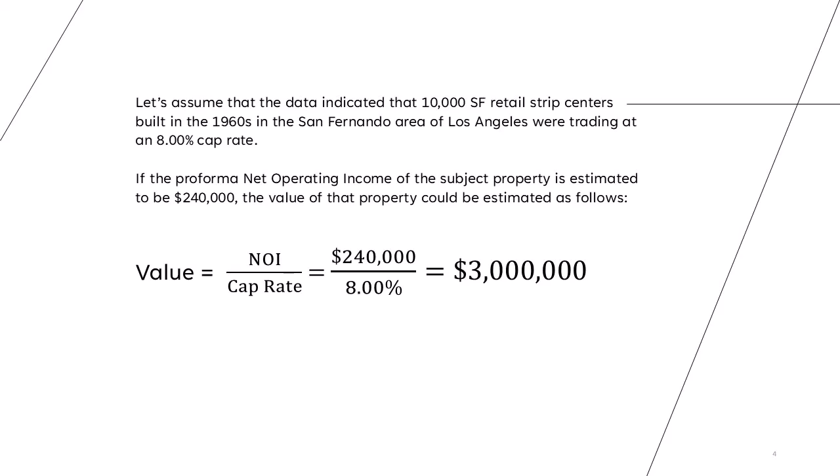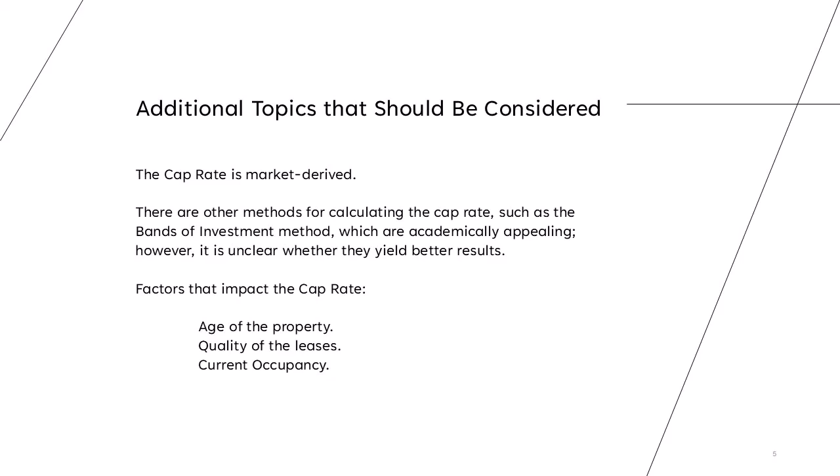The value of the property is calculated as follows. Take the net operating income of the property and divide it by the capitalization rate. $240,000 is divided by 8%. The estimated value is $3 million. This calculation is straightforward. There are several other issues that we need to address.